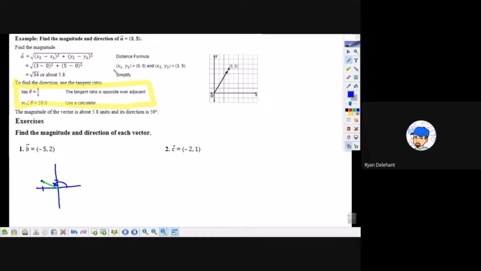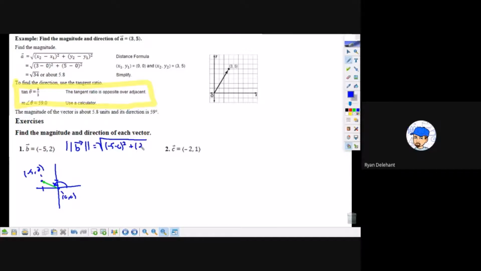Okay? So we're going to follow the same thing. This is exactly what we just did with magnitude before. But we've got 2 points here. We start this thing at 0, 0, and it goes out here to -5, 2. So when we find the magnitude of B, we can follow their formula up here. It's going to be the square root of the difference of our x's. So that's going to be -5 minus 0 squared.